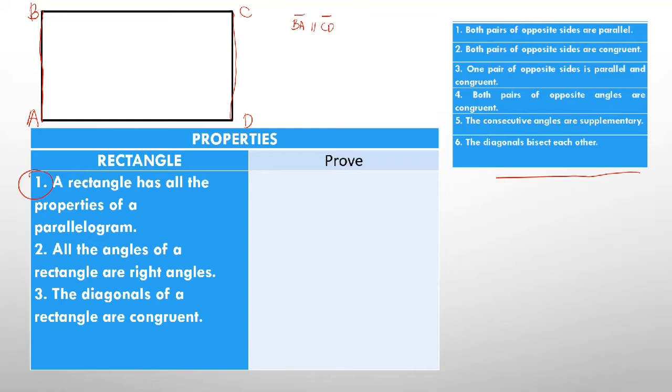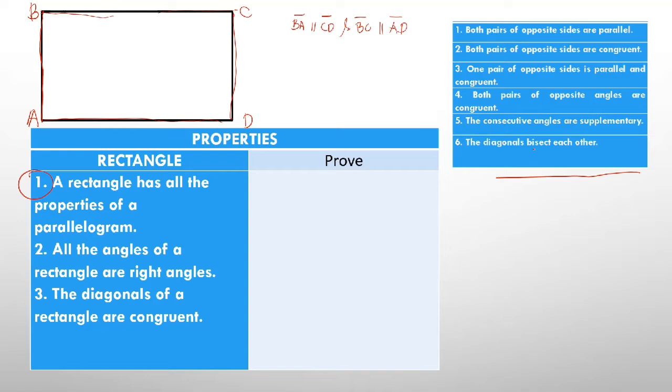And the other opposite side is line BC, so line BC is parallel to line AD. So now we have proved the first property of parallelogram on our rectangle.